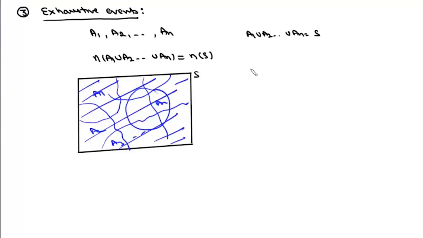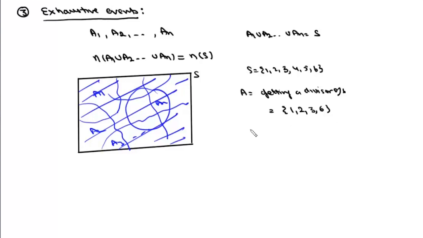Now, coming back to our example, suppose we roll a die. The sample space is 1, 2, 3, 4, 5, 6. Suppose event A is getting a divisor of 6. The divisors of 6 are 1, 2, 3 and 6. B is getting an odd number, so it has 1, 3, 5.